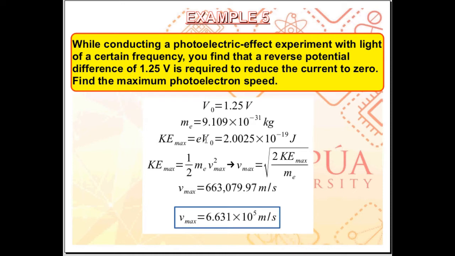This energy is the one that depletes the kinetic energy of the photoelectrons that are produced. So KE max is equal to eV naught.